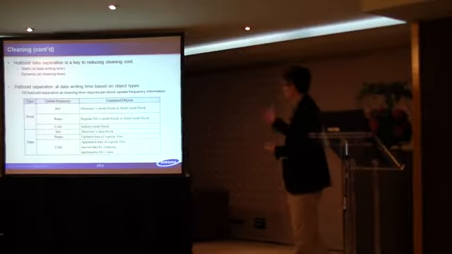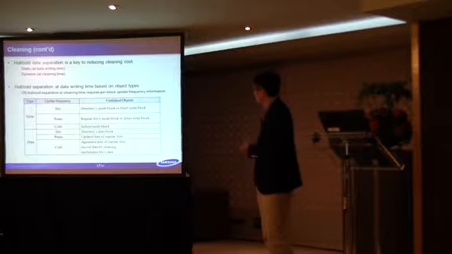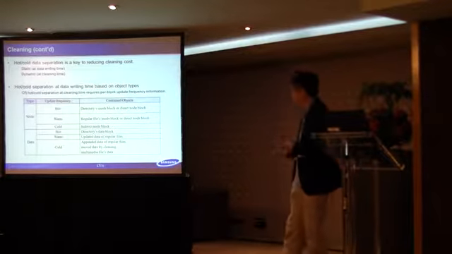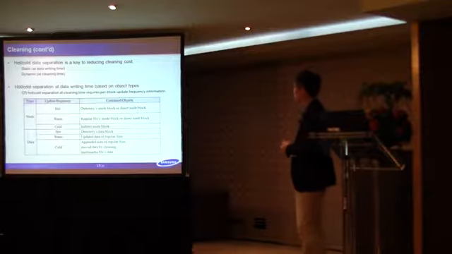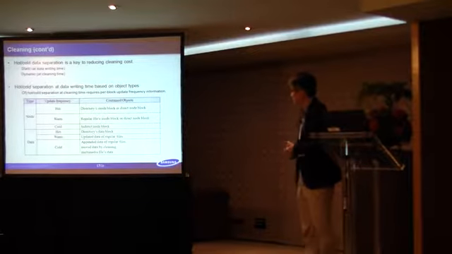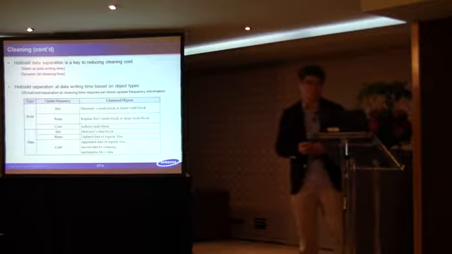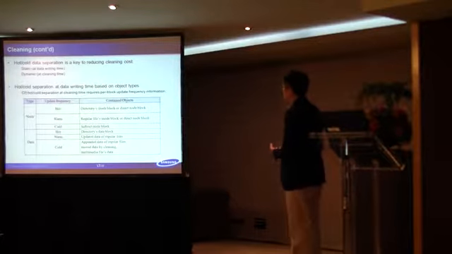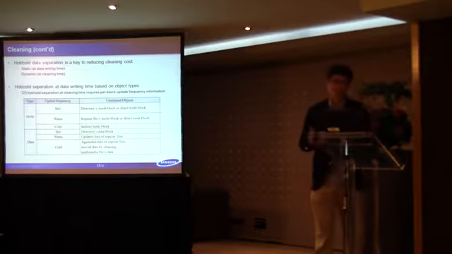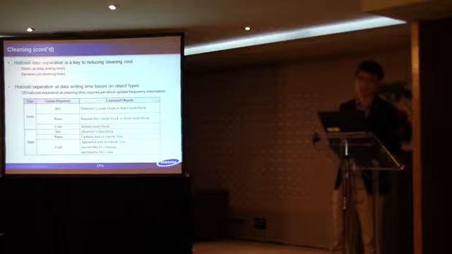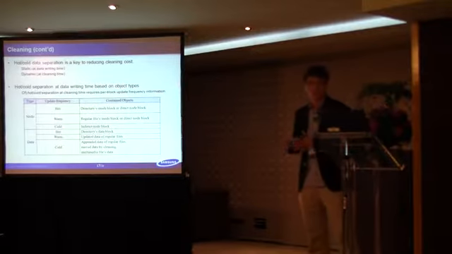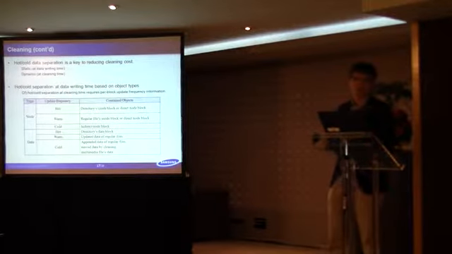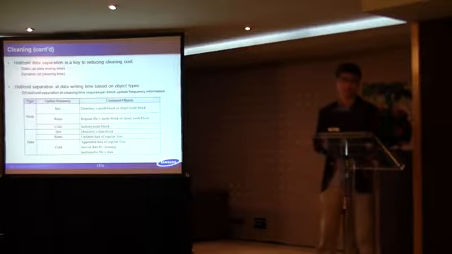We can know the object type in the context of the file system. And even the extension list can be given by the user at mount time, so that kind of list information should be provided to the file system. That's a very static approach to data separation. And we also have a dynamic separation scheme at cleaning time.